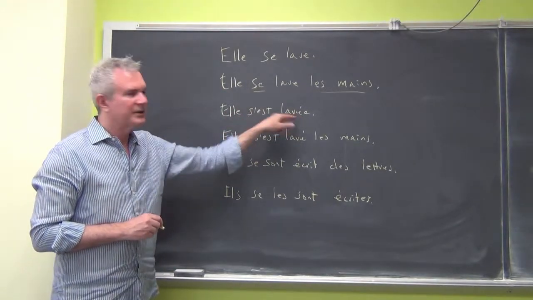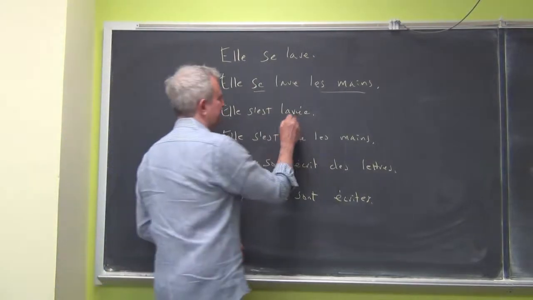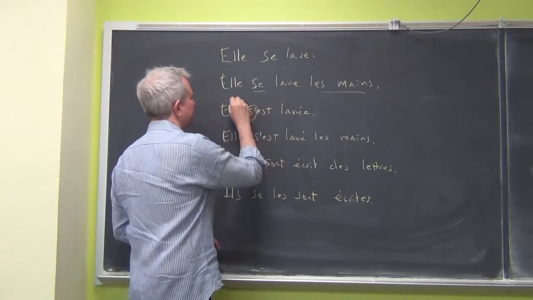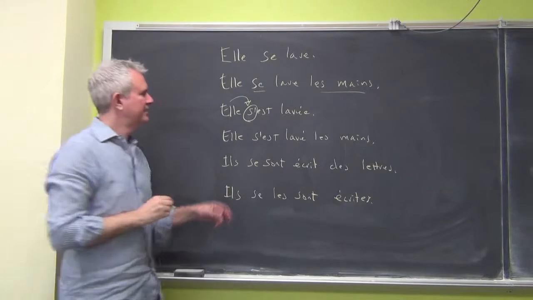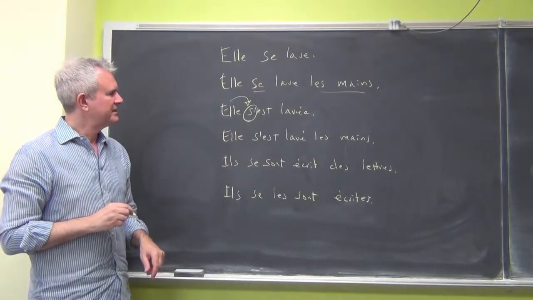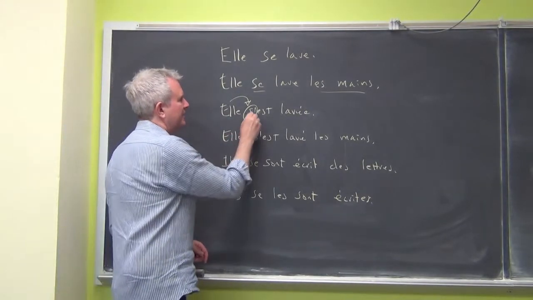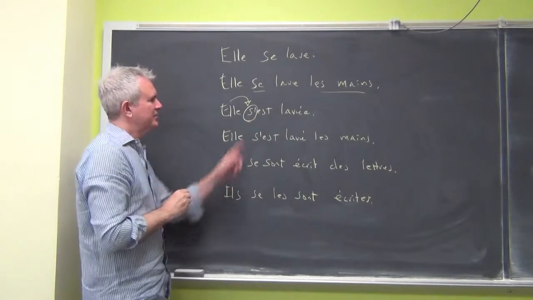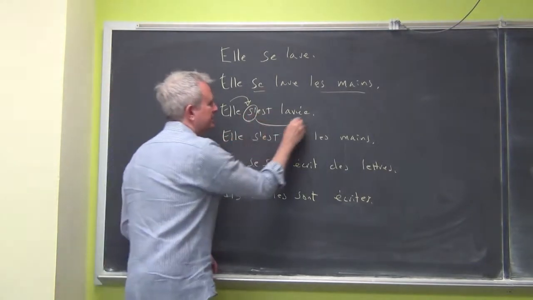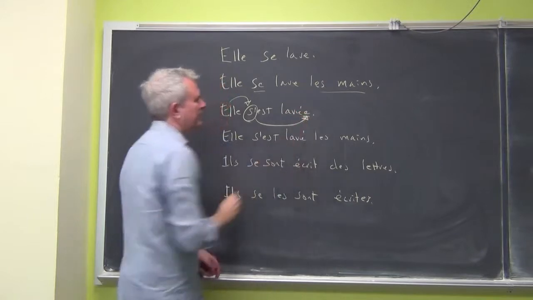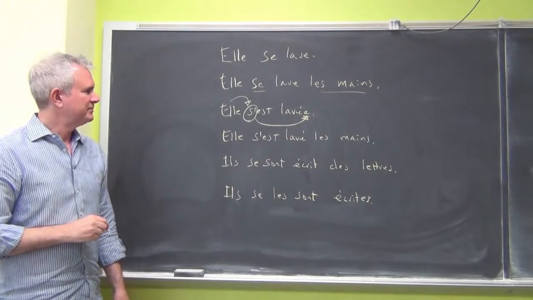And it's in front of the verb. So we have an agreement here. This is getting its number, gender, and person from its antecedent, elle. And since it's a direct object preceding the verb, it's going to create an agreement with the past participle.